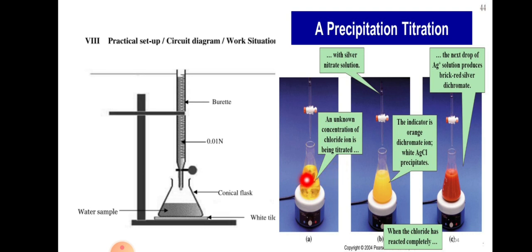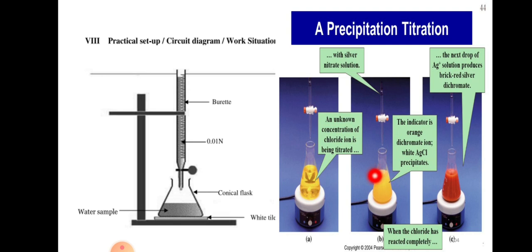Initially, when we add the potassium chromate indicator, the solution turns yellow. And when we add silver nitrate drop-wise, it becomes turbid yellow. Why turbid yellow? Because silver chloride precipitate is formed, till all chlorides react with the AgNO3.